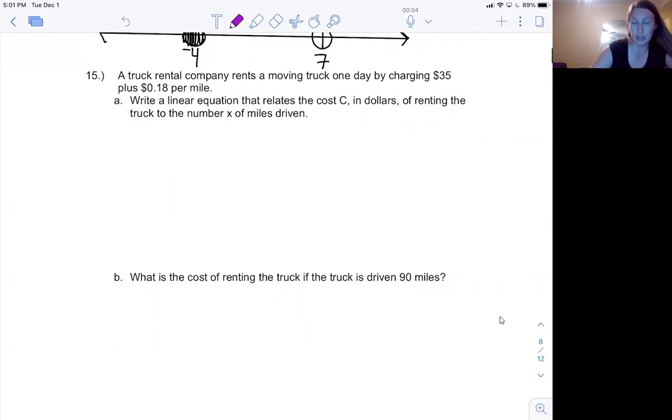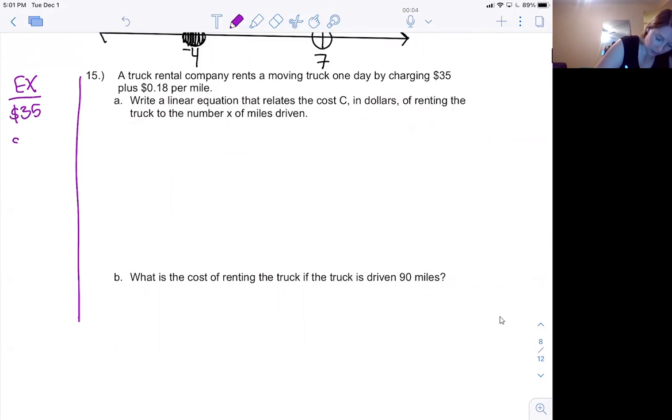Say you rent this truck, and for my example, this truck company charges $35 and then $1 for every mile you go.